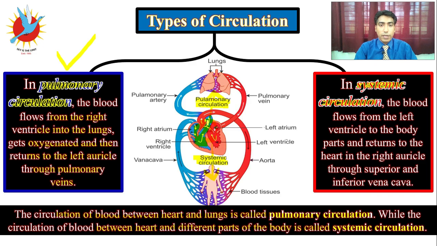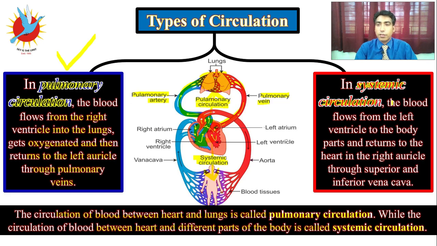From the right ventricle it reaches the lungs with the help of the pulmonary artery, and after reaching the lungs it will be oxygenated. After the oxygenation, the pure blood returns again to the left atrium with the help of the pulmonary veins. So this was our pulmonary circulation.